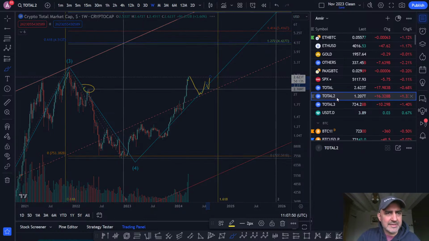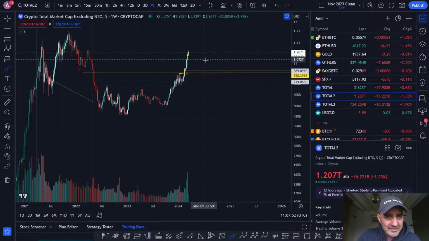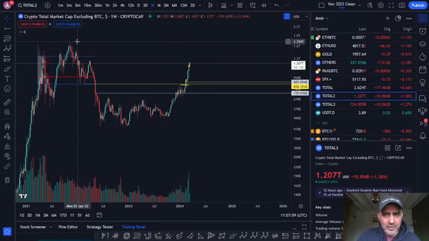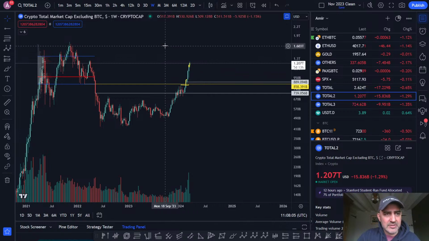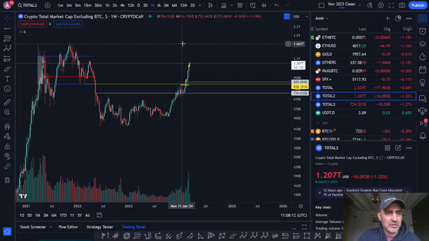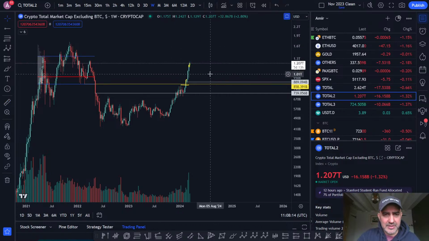This one's excluding BTC. This one is a little bit less bullish. We haven't seen a full rotation of capital into the altcoins yet, because we're far away from the all-time high here. 42%. That's excluding BTC, including ETH.